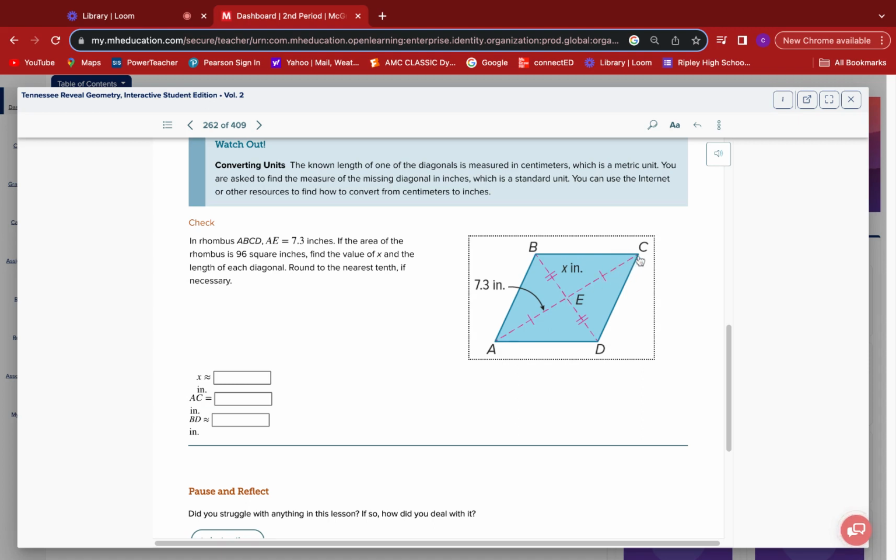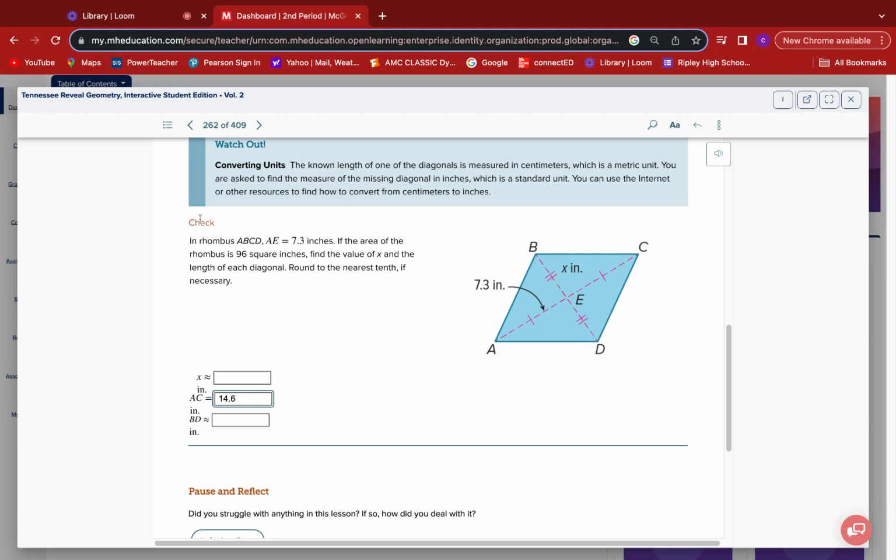That means the other part of that, CE, is 7.3. So 7.3 plus 7.3 is the length of AC, which is 14.6. So there's the length of my diagonal. Then they give me the area of the rhombus is 96, and I've got to find X, and looks like I got to double it to find BD.